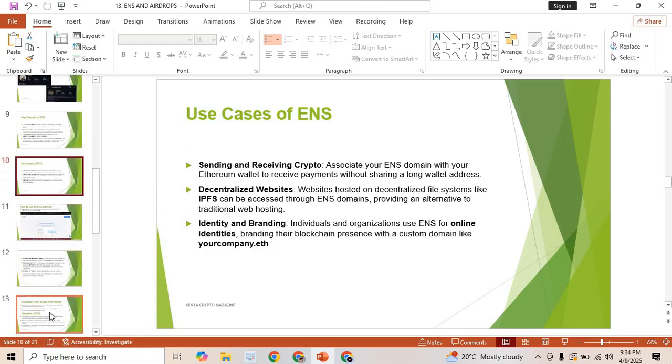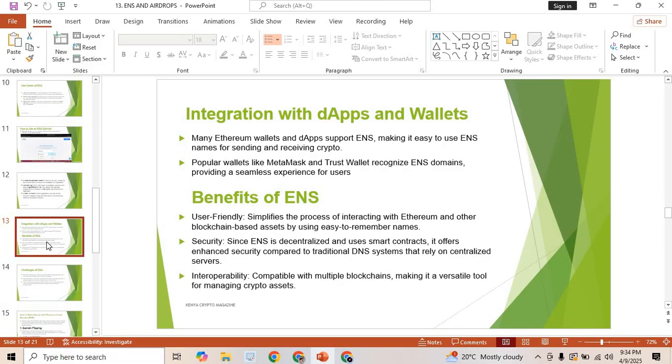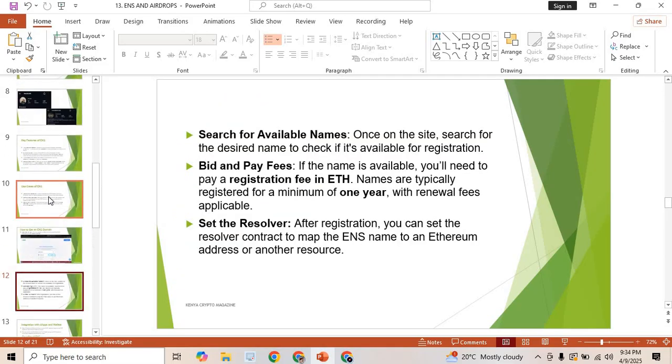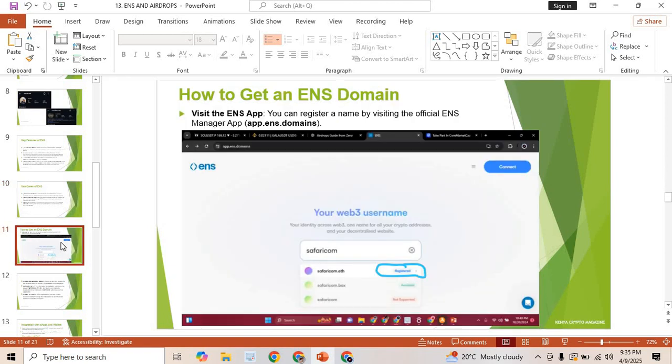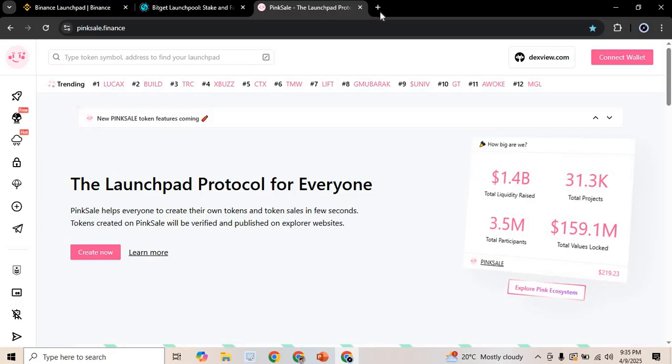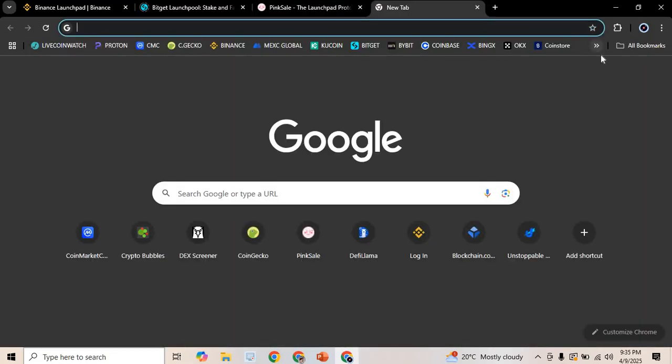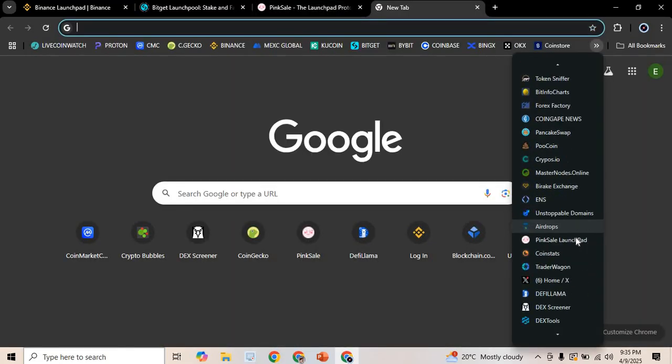So let's go to this other part. The use cases. We have talked about identity and branding, and no wonder I've mentioned that part about safaricom.com. So how do we get these ENS names? There's actually a site that provides these. There are two of them.